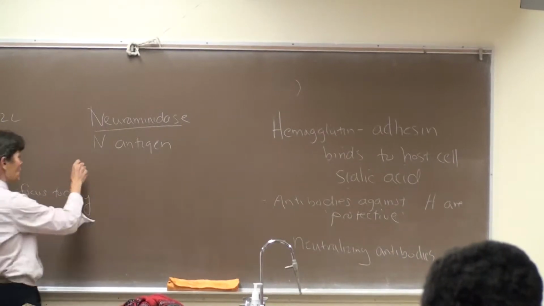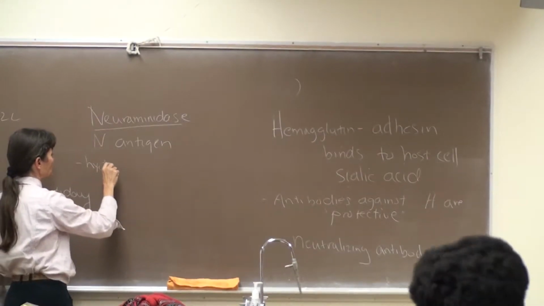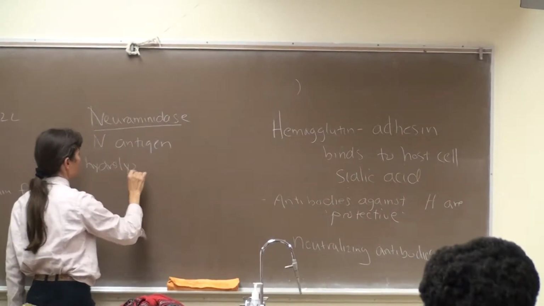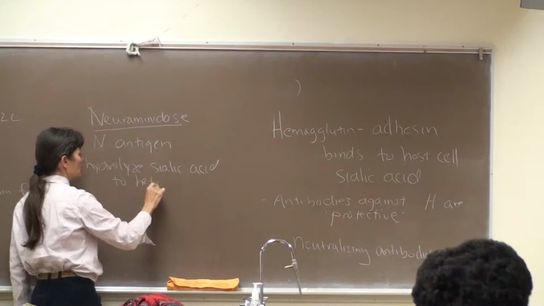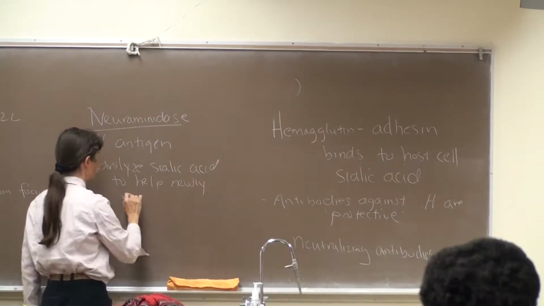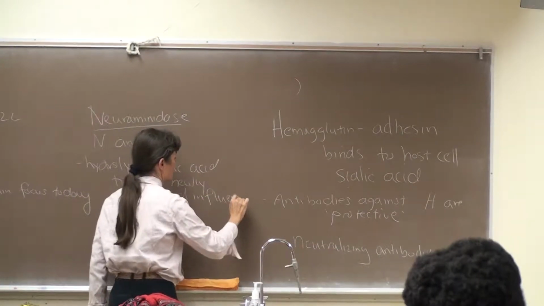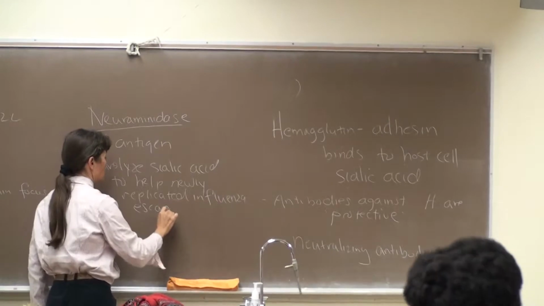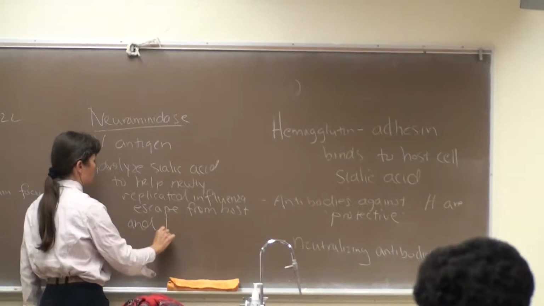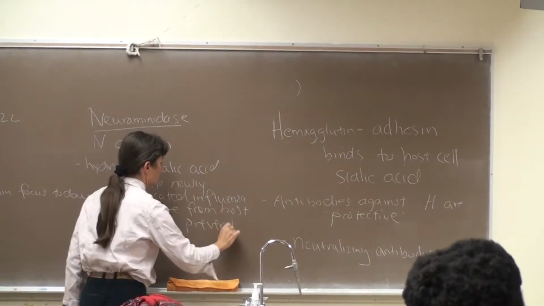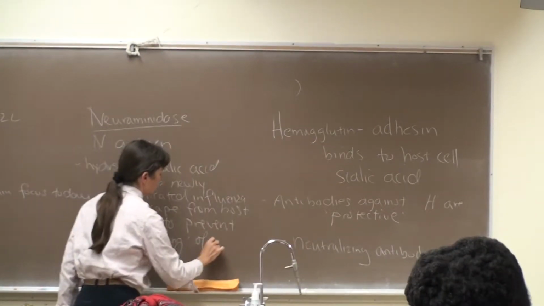So the first function is that the neuraminidase will hydrolyze sialic acid to help newly replicated influenza viruses escape from the host cell and to prevent clumping of influenza virus.